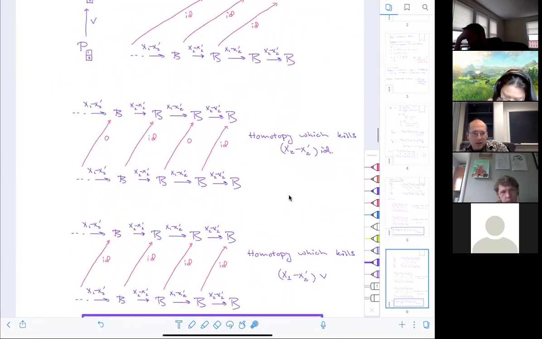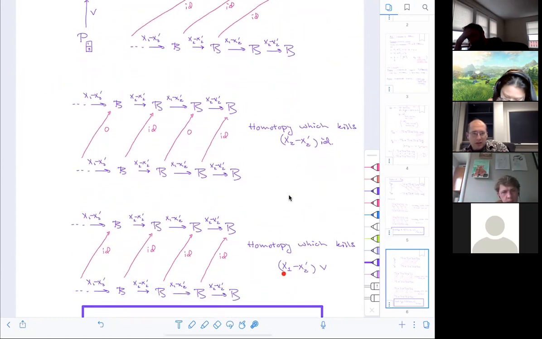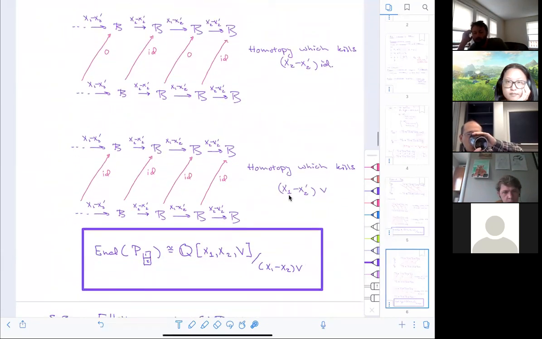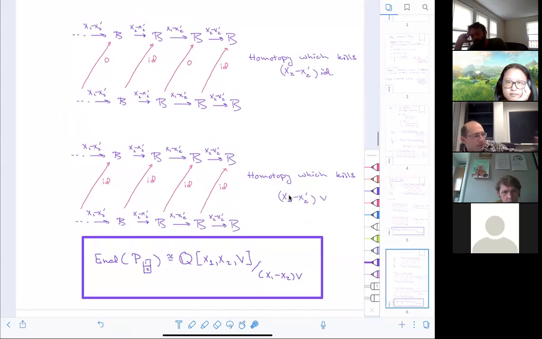And it's not actually true anymore that X1 minus X2 prime is homotopic to 0 on the nose, but rather X1 minus X2 prime is annihilated by V, this periodicity map. And so the endomorphism ring of this guy looks kind of similar, but this relation is slightly different.